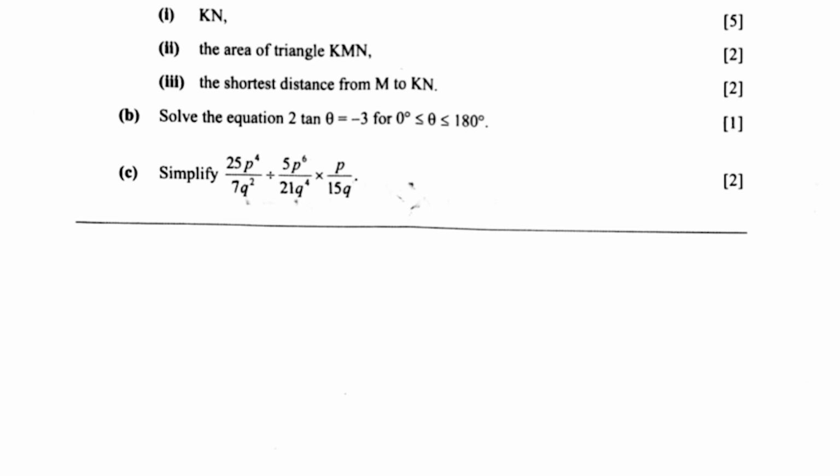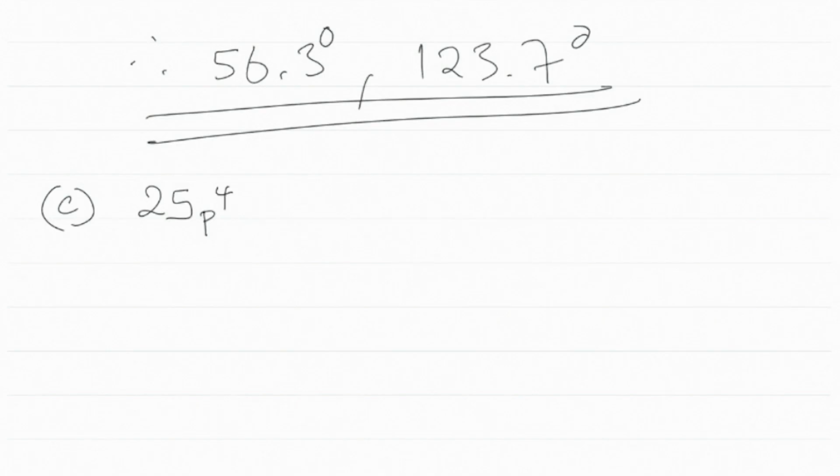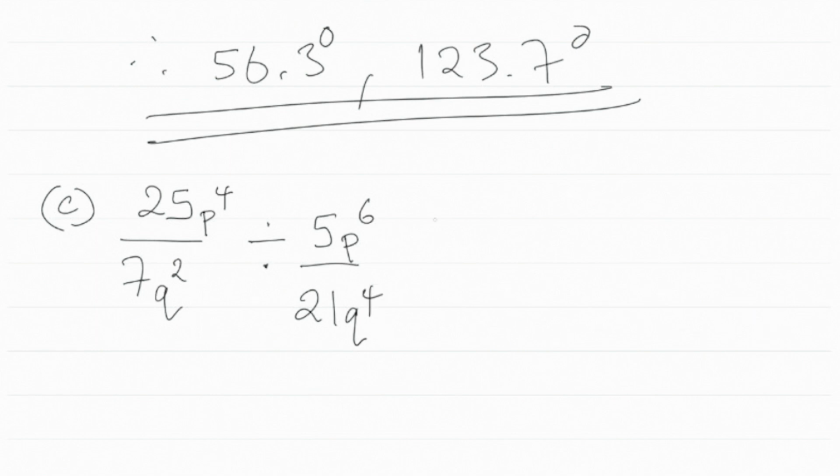25p to the power 4, everything over 7q raised to power 2, divided by 5p to the power 6 over 21q to the power 4, times p over 15q.